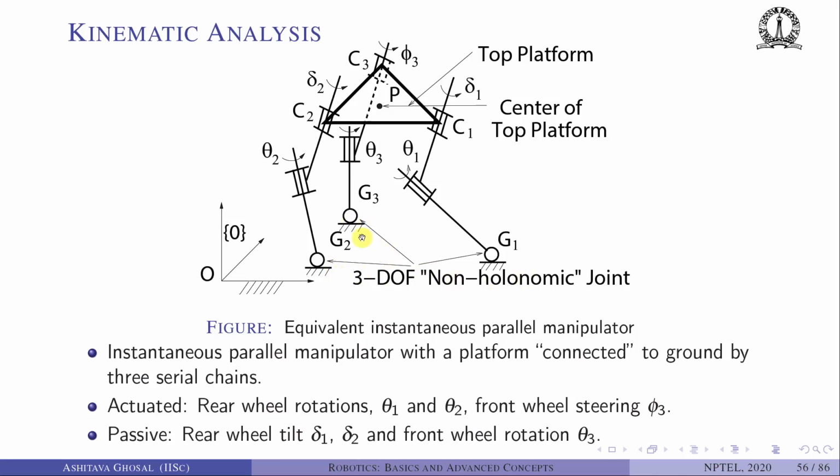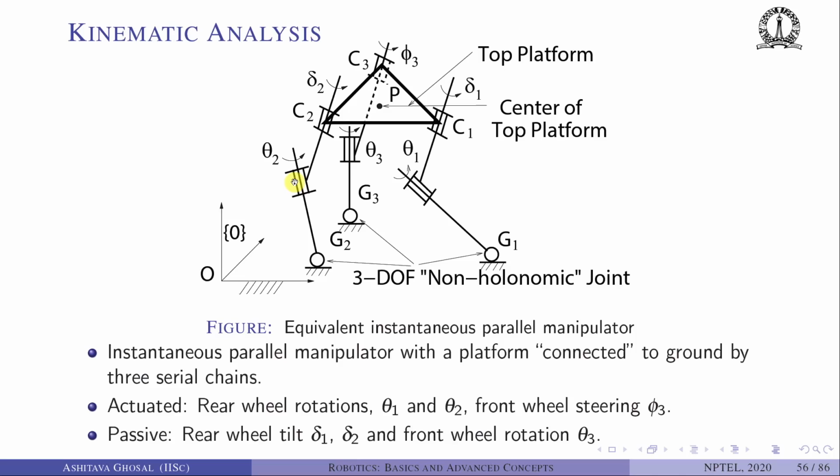So in a sense, G1, G2, G3 determine the fixed base, fixed in quote unquote. As the wheeled mobile robot moves, this G1, G2, G3 will change with respect to the reference coordinate system, which is 0. And then there are these two rotary joints in each leg.